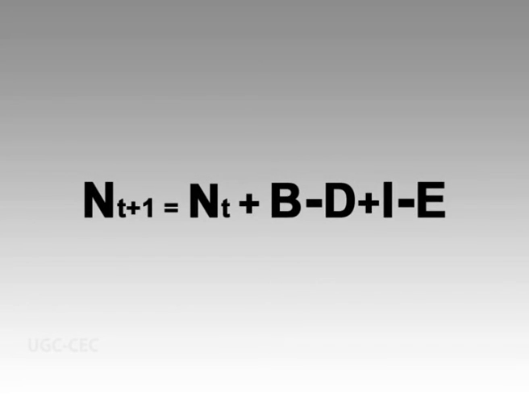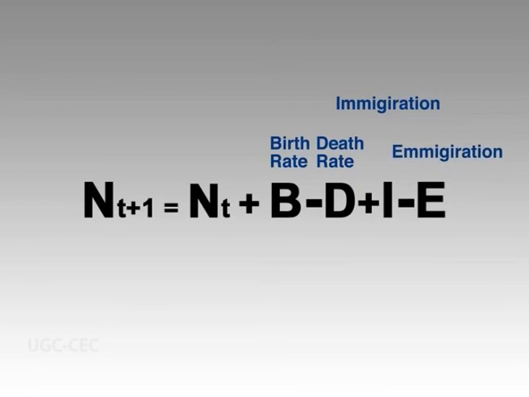The number of individuals in a population at time t+1, or at a second stage, is related to those at time t, that is at the initial stage, by the equation N(t+1) = N(t) + [(B - D) + (I - E)], where B is the birth rate, D is the death rate, I represents the number of individuals migrating into the population and E represents the number of individuals migrating out of a population.